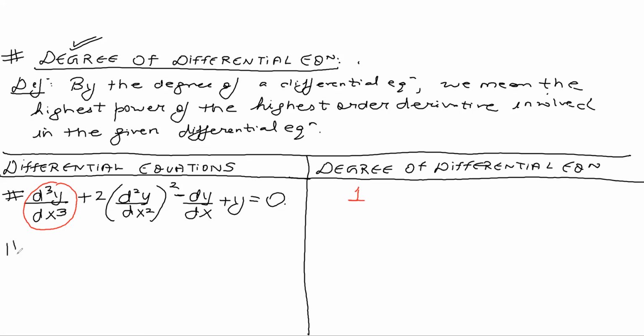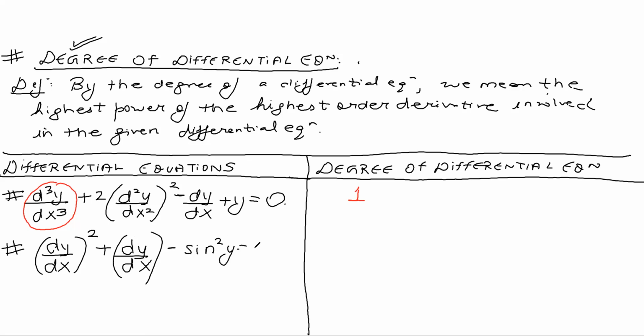Okay. Similarly, let's consider the second differential equation, dy by dx cos square plus dy by dx minus sine square y equal to 0. Again, can you find the degree of this differential equation? Yes. Why? Because even though it's not a polynomial in y, it is a polynomial in dy by dx.